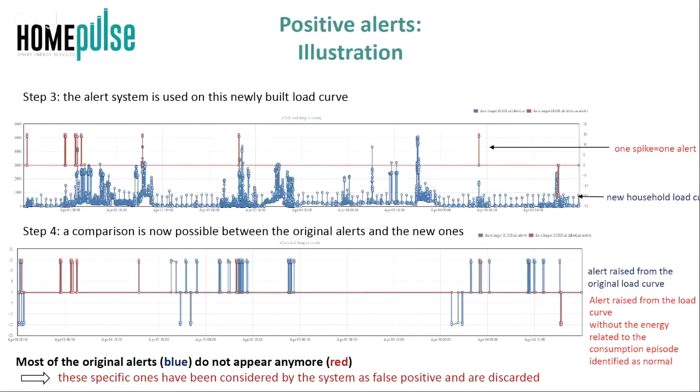If an alert existed before but not in the new set, it can probably mean that it was actually a false alarm, so we can discard it. Here we can see on the last figure that most of the alerts have disappeared and were probably false alarms.